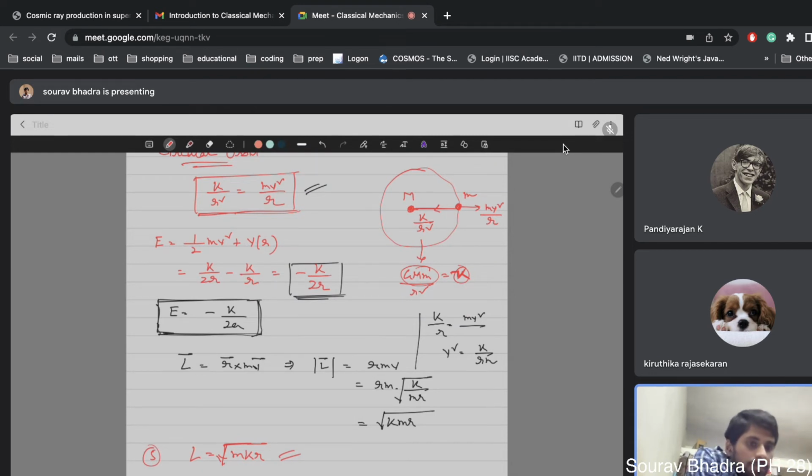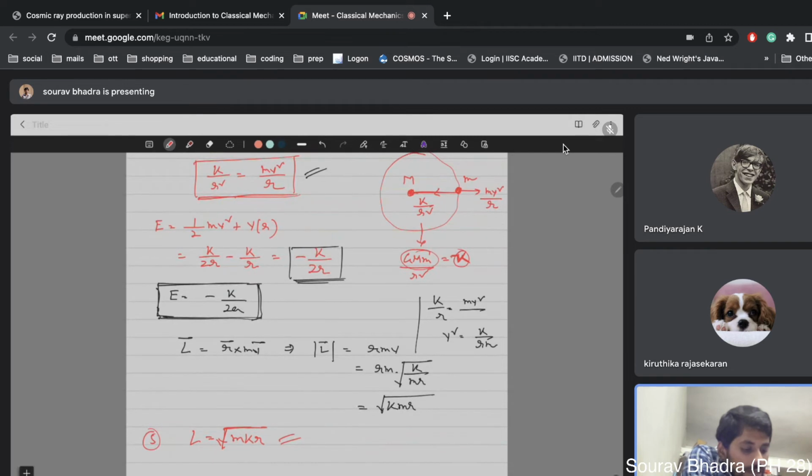So if it is moving in a circular orbit with a force which follows k by r square, or the potential which follows the k by r law, and has a mass m, then the particle has an angular momentum of root over mkr. Okay. These are very important expressions.